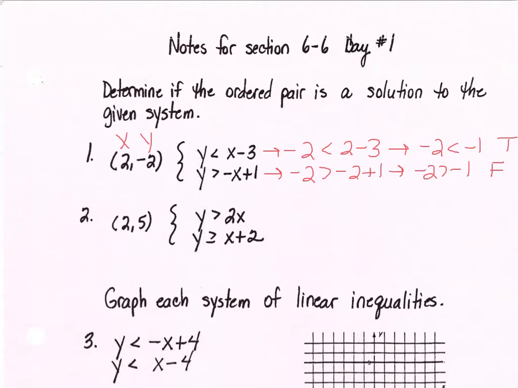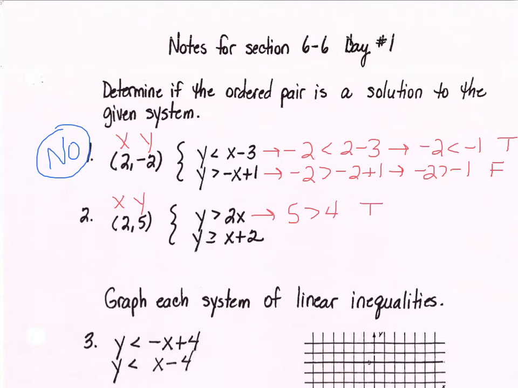Since it didn't work in both of them, that ordered pair is not a solution for that system of inequalities. Let's try the second one. Let's plug in 2 for x and 5 for y. Let's plug it into the top one. I'm going to have 5 is greater than 2 times 2, which is 4. That's true.